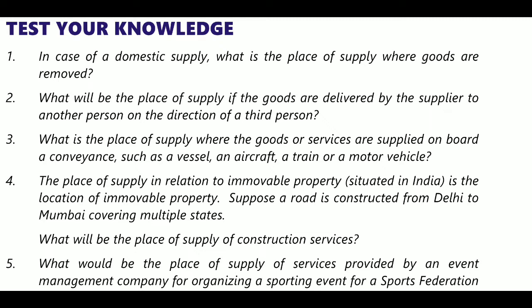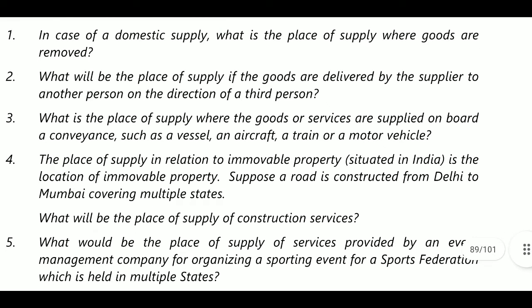The recipient will be the third party, the person ordering the goods, and another person is supplying the goods. On behalf of the recipient, he will send goods to the person whose name is declared. In this case, the principal place of business of the person who is ordering the goods shall be deemed to be the place of supply.